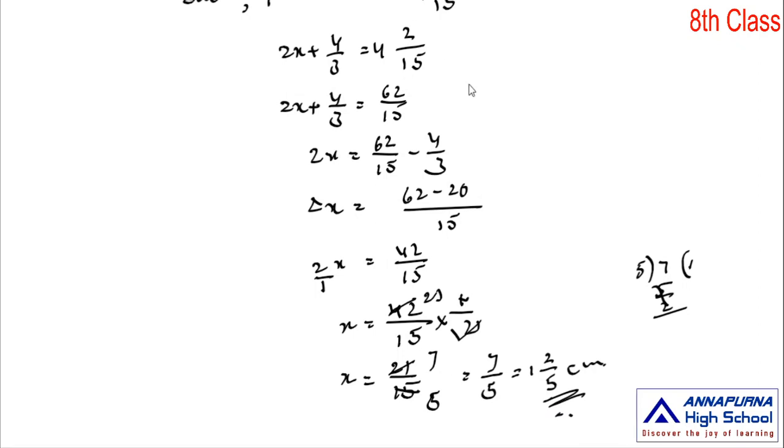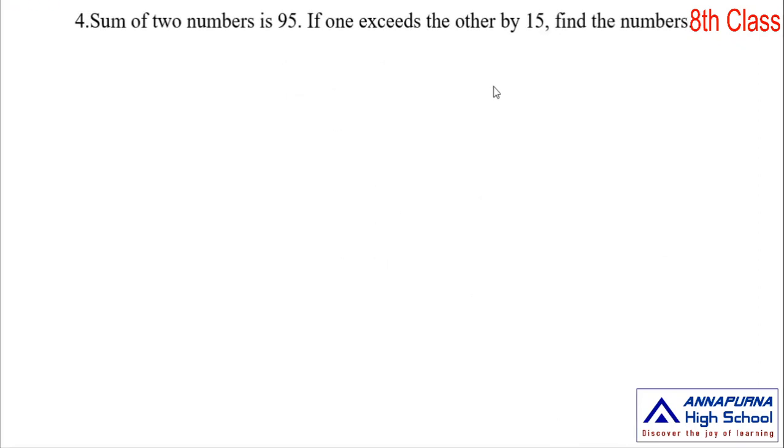When you come to the fourth one, the fourth question is: the sum of two numbers is 95 and one number exceeds the other by 15. Find the numbers. Here we find the two numbers, but out of the two numbers we choose any one number as x.